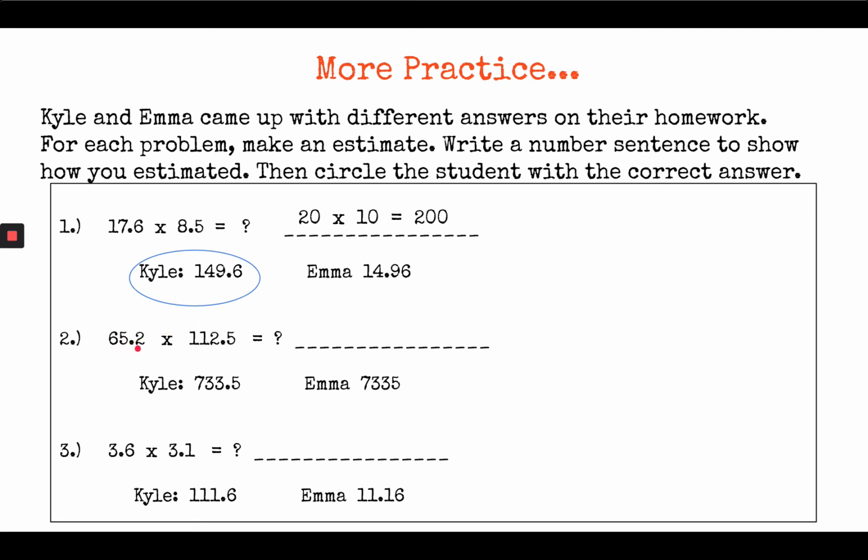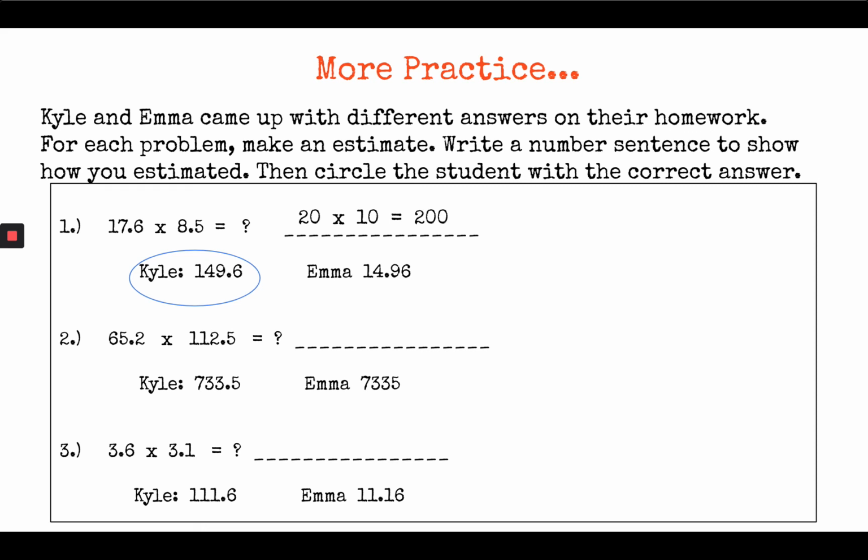65.2, okay, times 112.5. Now remember, guys, you're not actually solving these problems right now. You're just estimating, okay? So 65.2, let me think. What could it be close to? It could be 60 or it could be 70. I think I'm going to go with 70.